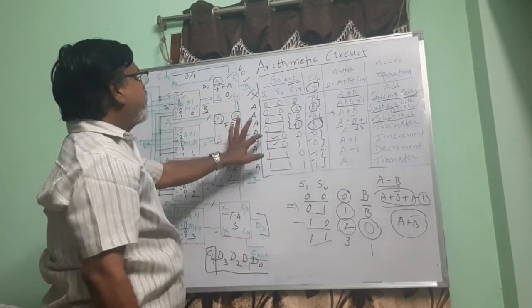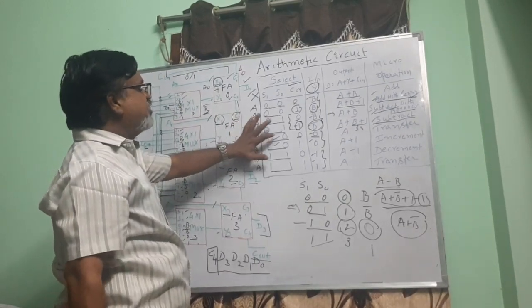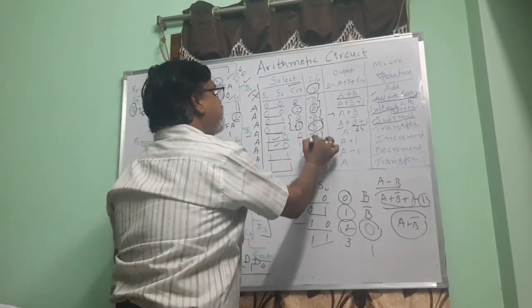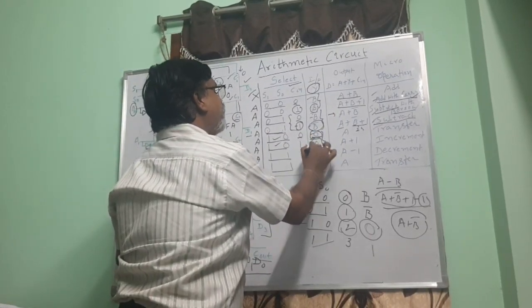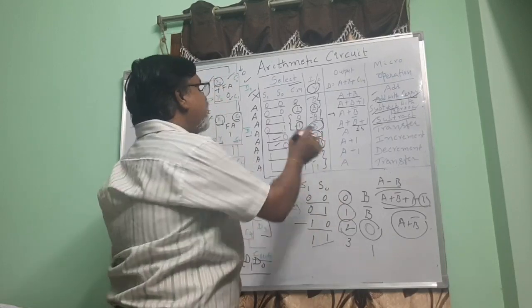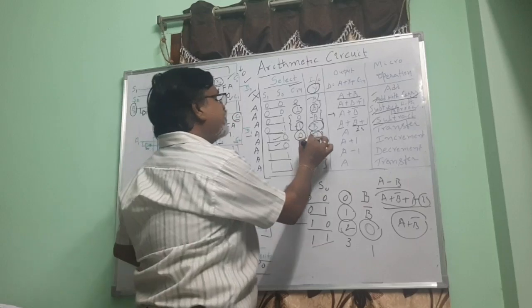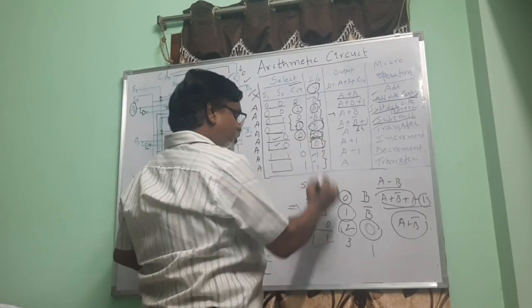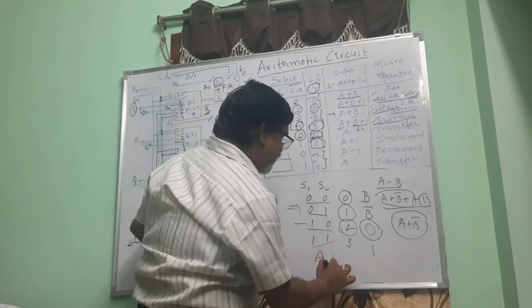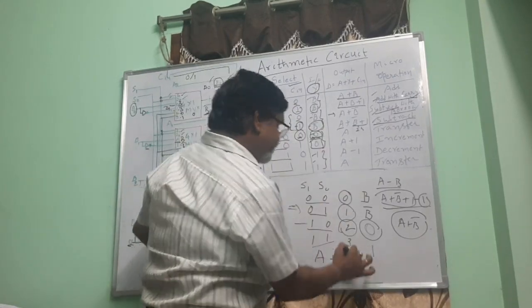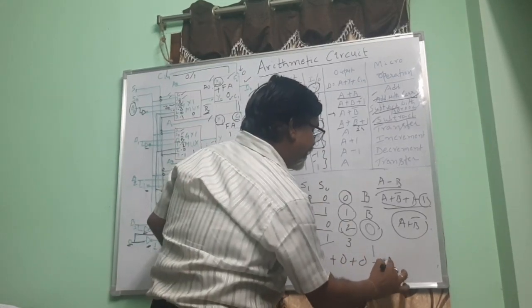So when S1 and S0 are 1, 0, the Y value will be 0, and Cin is 0. So A plus this input, which is 0, plus Cin, which is 0, we will get as A.